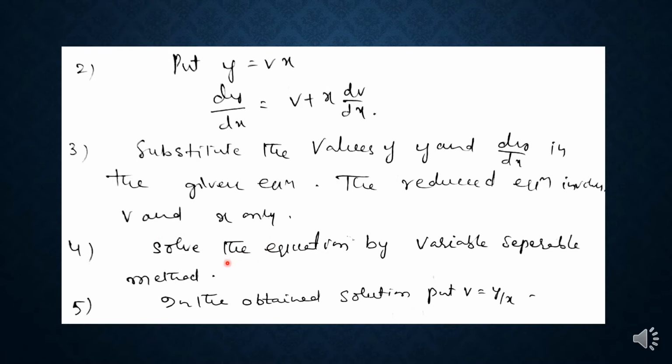Now we can solve this equation by the variable separable method. In the obtained solution, put v is equal to y by x, since v is the substituted variable. So that is the solution for the given differential equation.